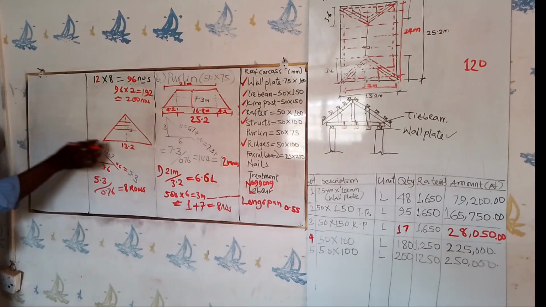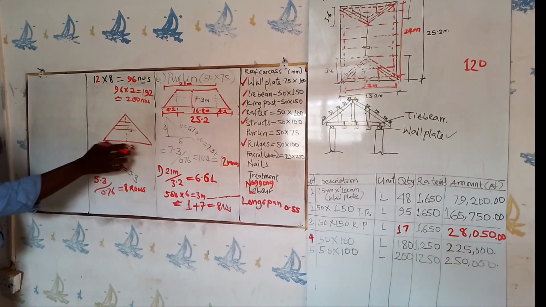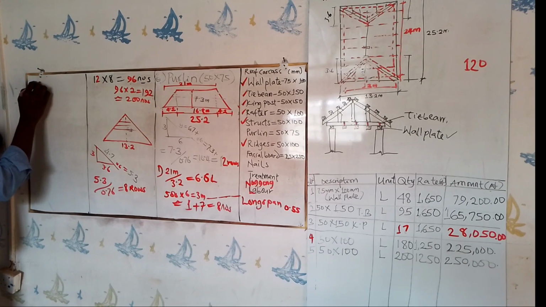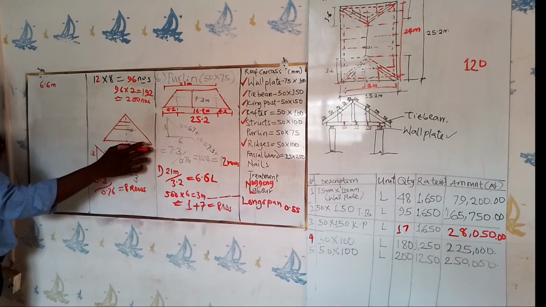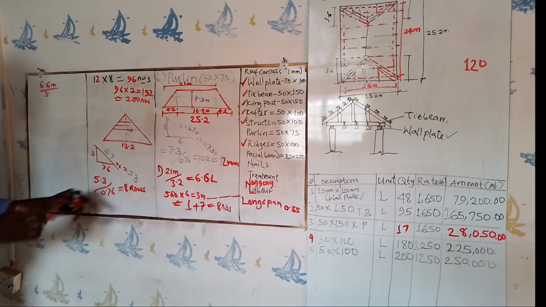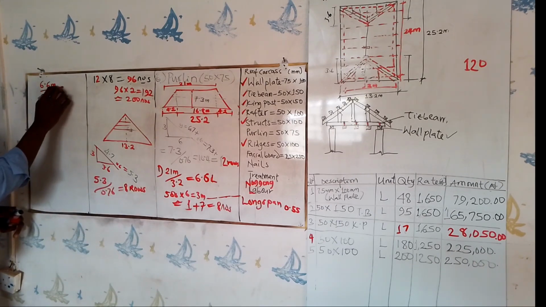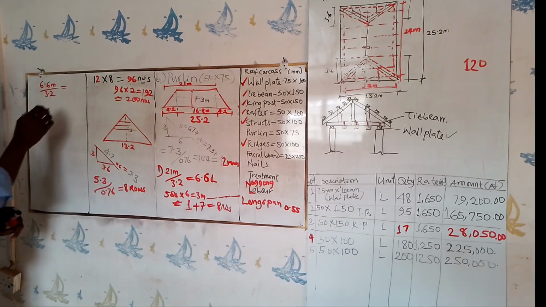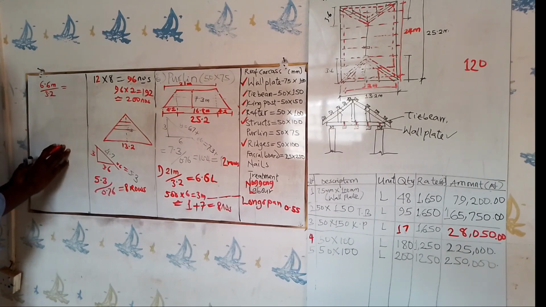This is 13.2 divided by 2, 6.6 meters. Divided by the length of each one, you use 3 or 3.2. 3.2. That is 2.06, 2.1.